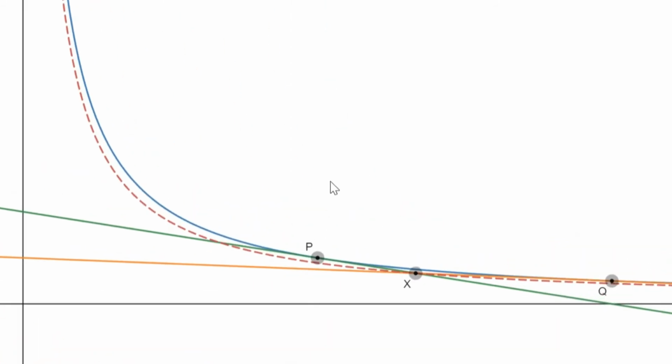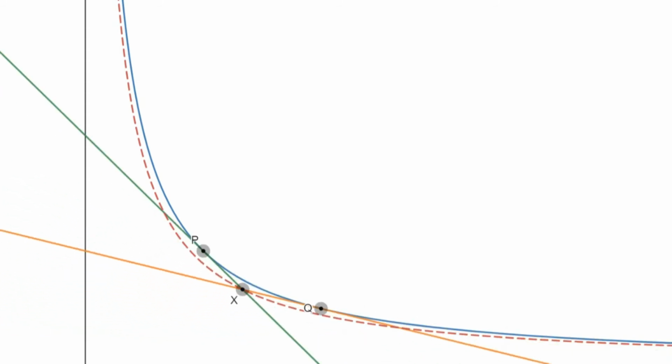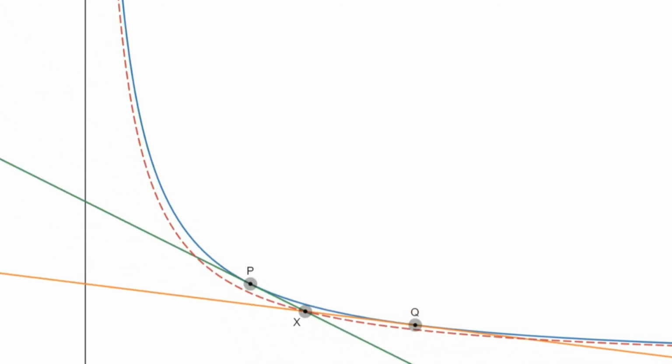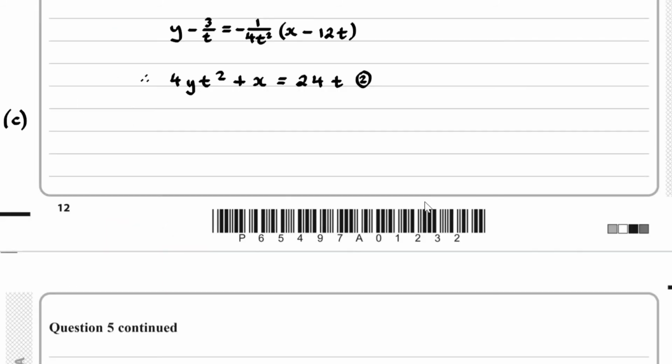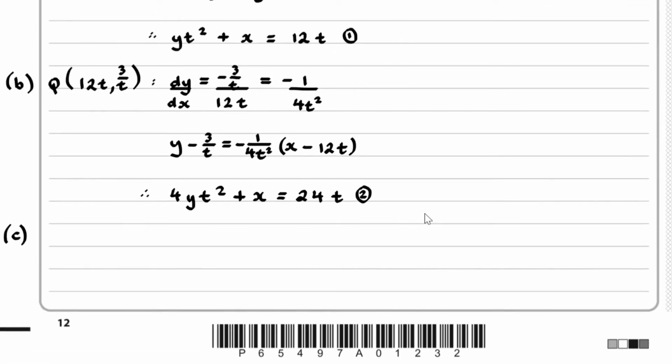If we zoom in, you can see it follows the path of a hyperbola, and we need to find the equation of this hyperbola. So what we'll do is find the point of intersection in terms of t, and what we can do is work out equation 2 subtract equation 1.